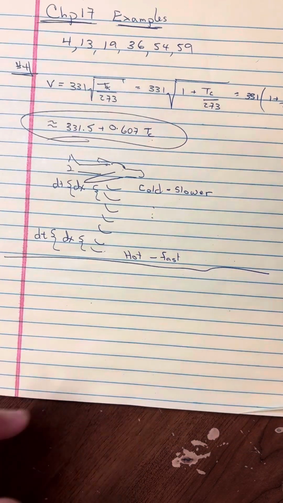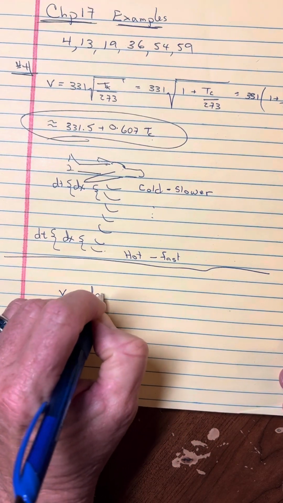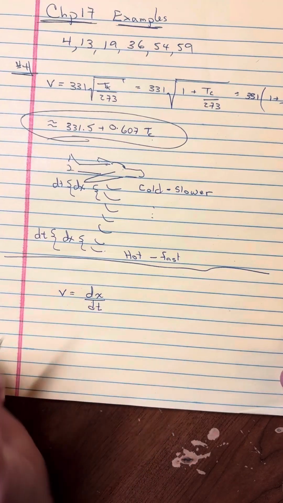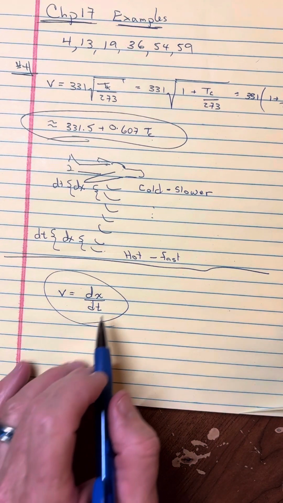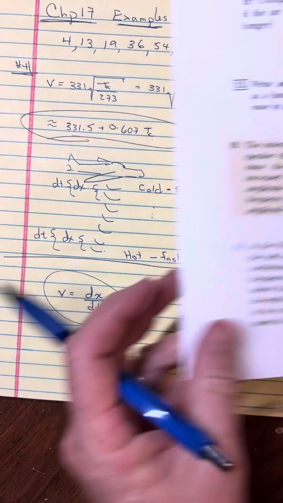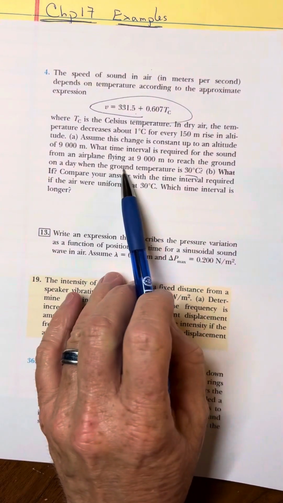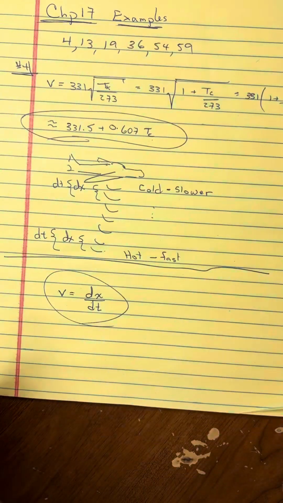Of course, going back to Physics 121, we know that velocity is dx/dt. And so what we could do is separate these out. Let's see, I think we're looking for time. What time interval?